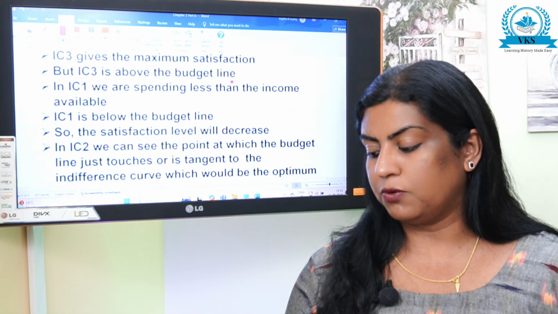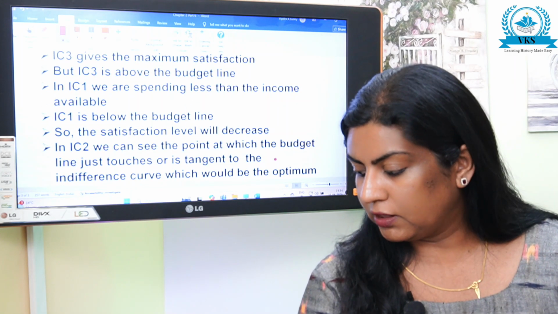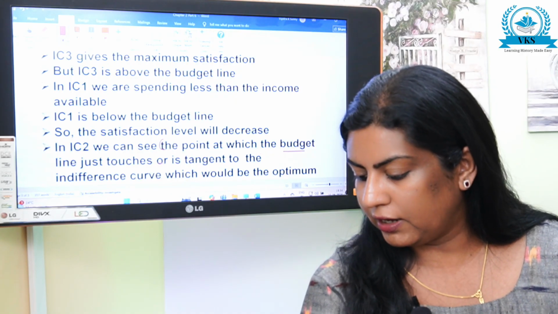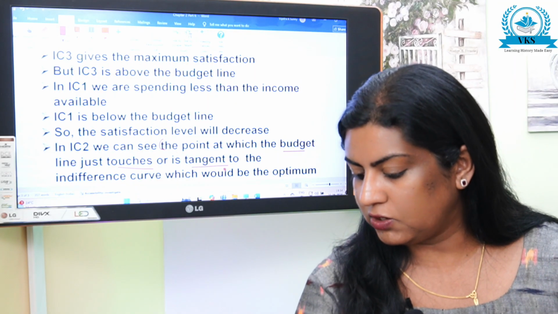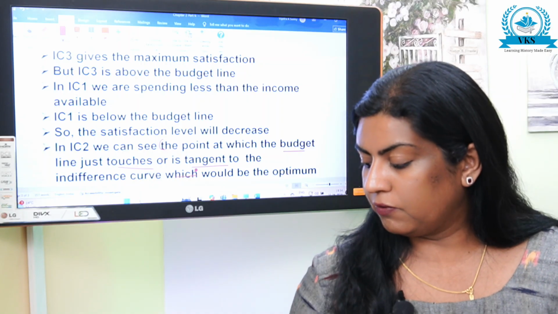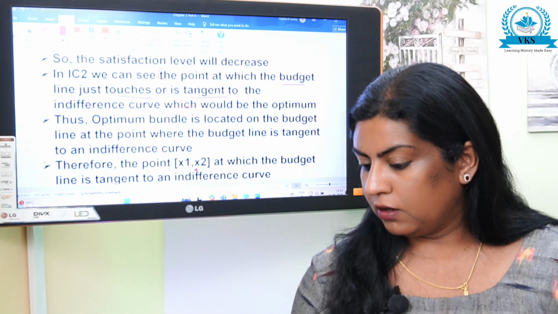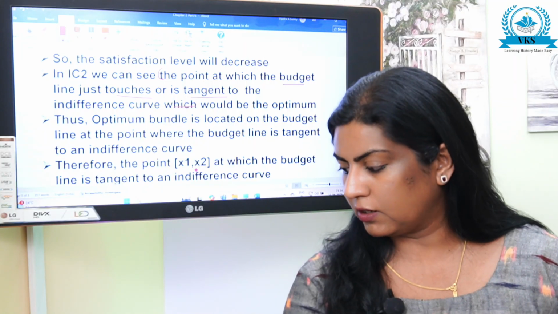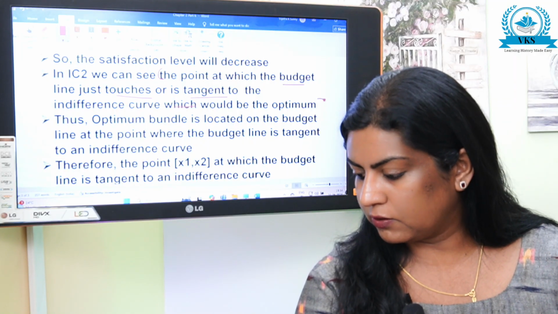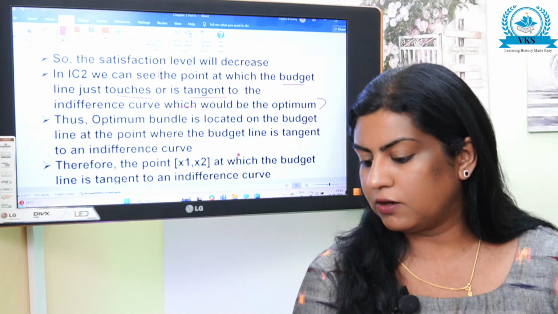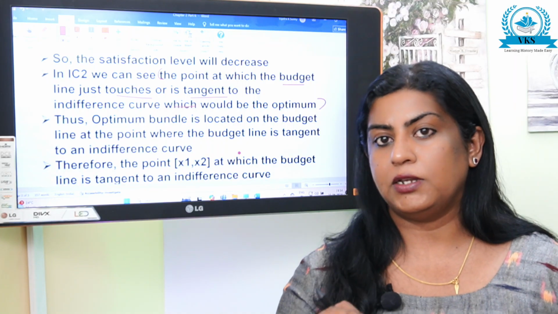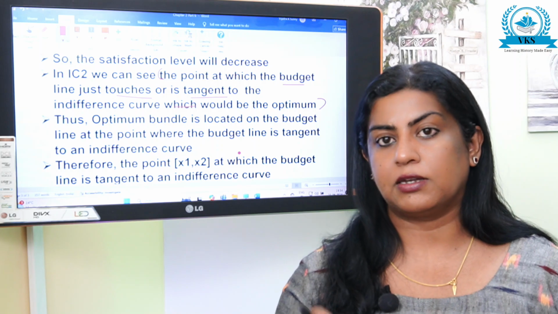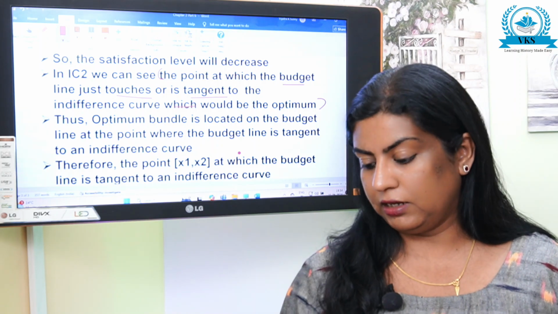So in IC2, we can see the point at which the budget line touches or is tangent to the indifference curve, which would be the optimum, is called the optimum choice of the consumer. Thus the optimum bundle is located on the budget line at a point where the budget line is tangent to the indifference curve, or it is meeting the indifference curve.